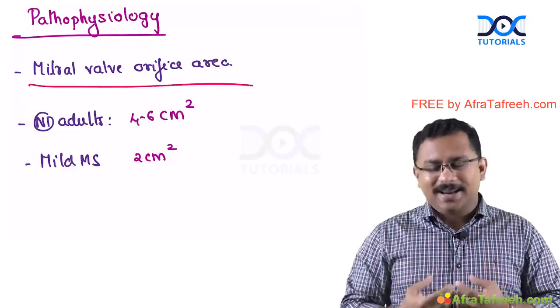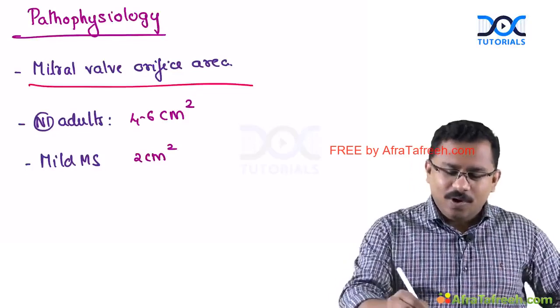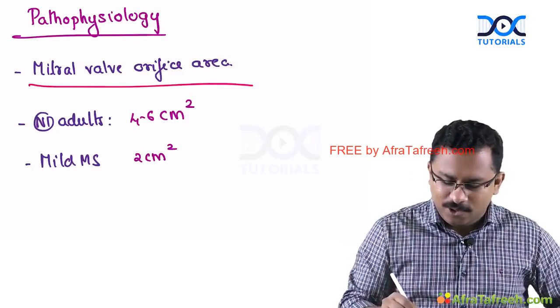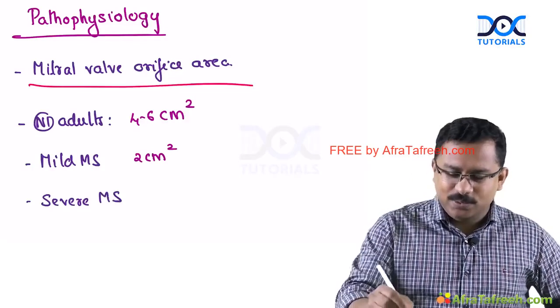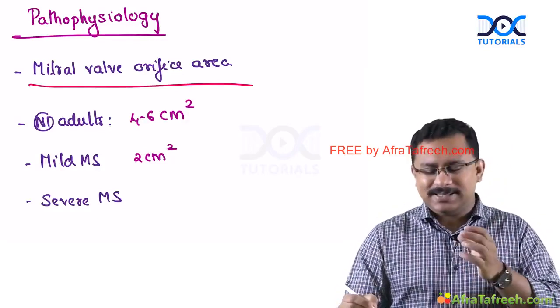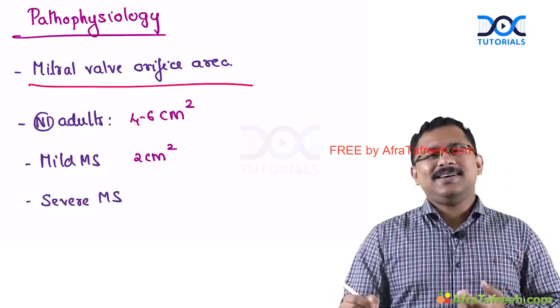Now, when the mitral valve orifice narrows again, this can go on to a stage of severe mitral stenosis. The value for severe MS is given slightly differently in different references.